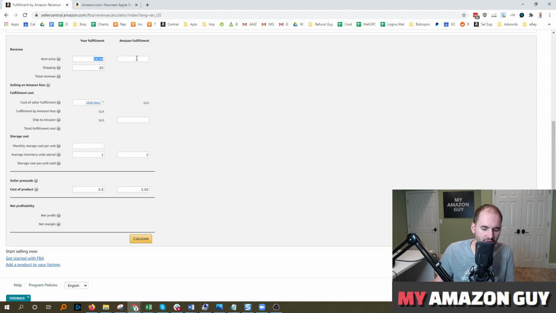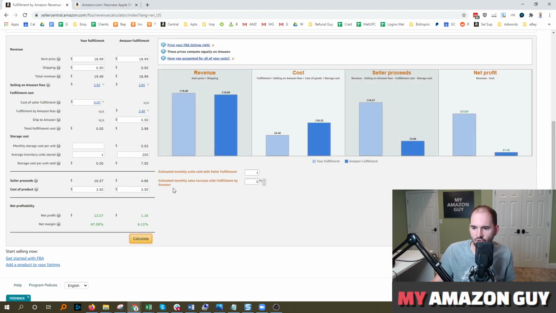So let's put in the data on the fulfillment side. Ship to Amazon, 50 cents. Average inventory units stored, let's say we're going to store 250 of these, and calculate. So here you go, here's your net margin. Looks like it's a pretty bad net margin with the math that we put in, at 6%. But here it says your selling on Amazon fees are $2.85.